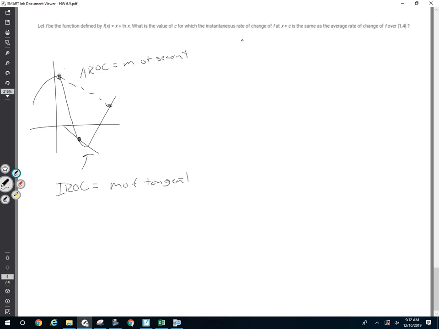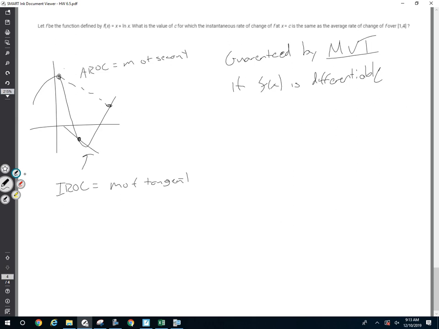Average rate of change equaling instantaneous rate of change is guaranteed by the mean value theorem if the function is differentiable. This is the mean value theorem. Instantaneous rate of change will equal the average rate of change somewhere between. Okay, so between these 2 points, when will we see a slope like that? Somewhere down here. It's not a great example, but there you go.